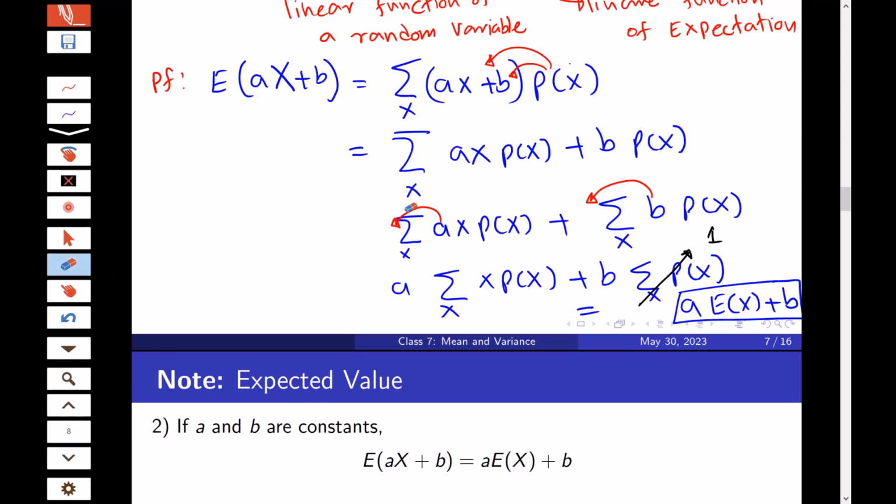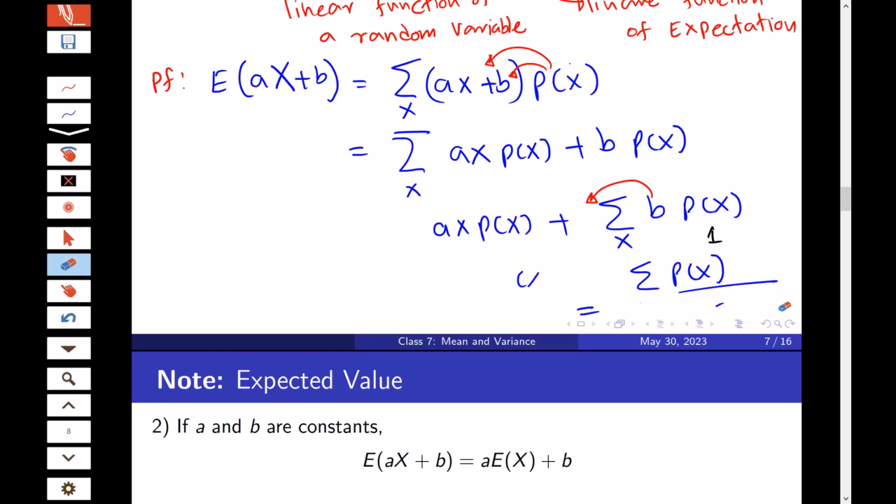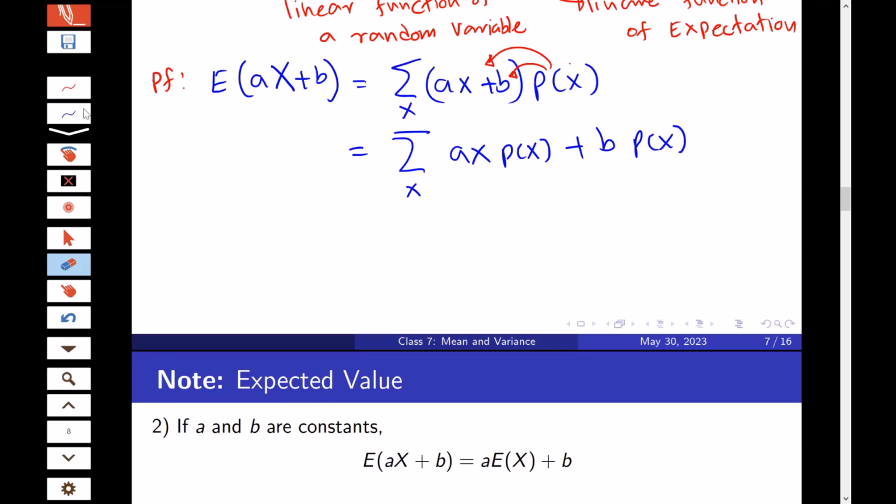So let me save more space here so I can write this down clearly. Here I'm going to take the sigma the same way and take a outside from here. So it will be a sigma x p(x) plus b sigma p(x).